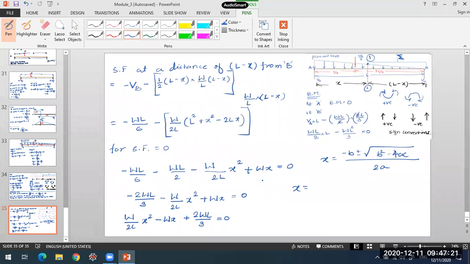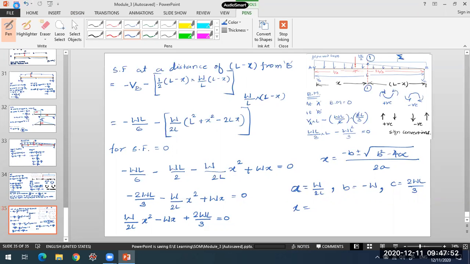In this case, A is W by 2L, B is minus W, whereas C is 2WL by 3. So substitute these and find the positive value of x here.